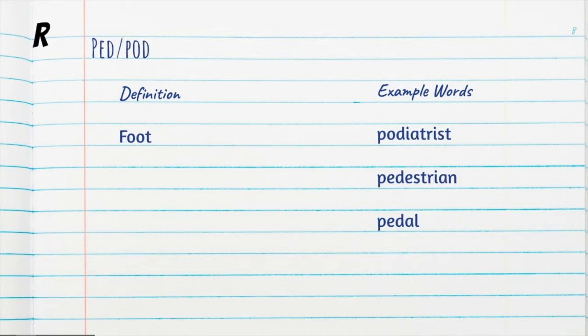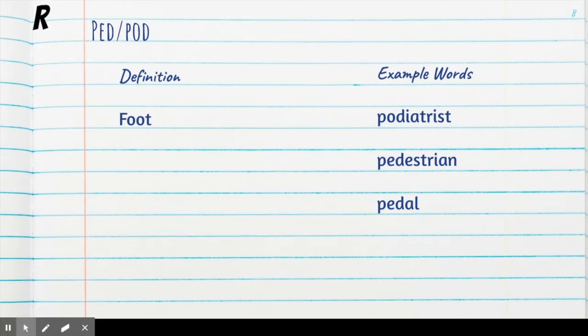Our next is ped and pod. So again, just like we had with the il, ir, im, etc., these can be used sort of interchangeably depending on the rest of the word, the suffix or the prefix that is with them.